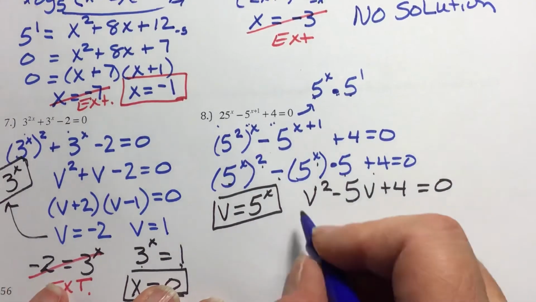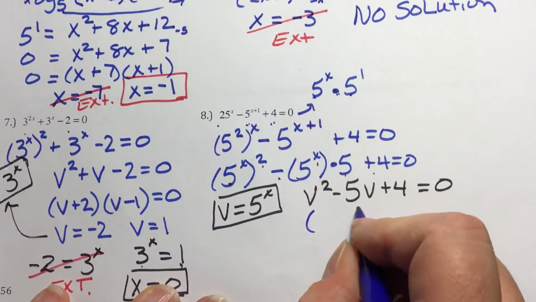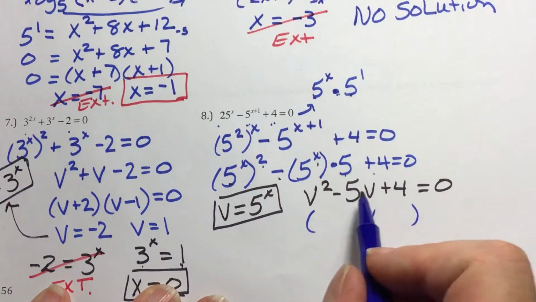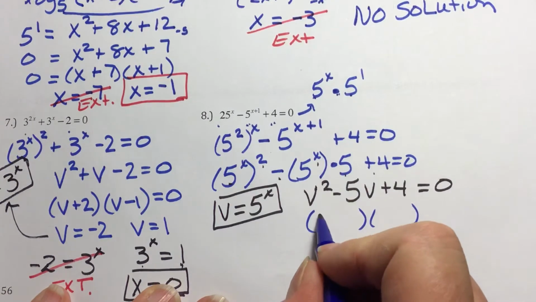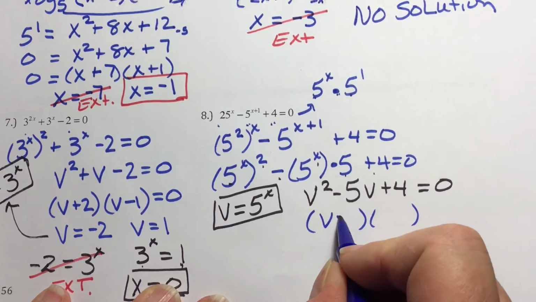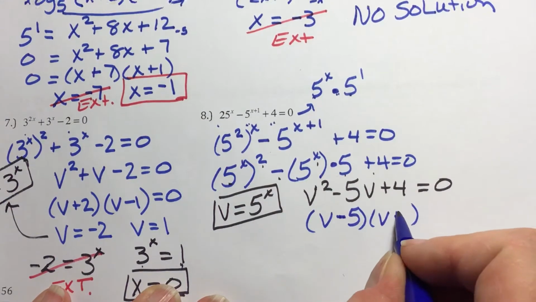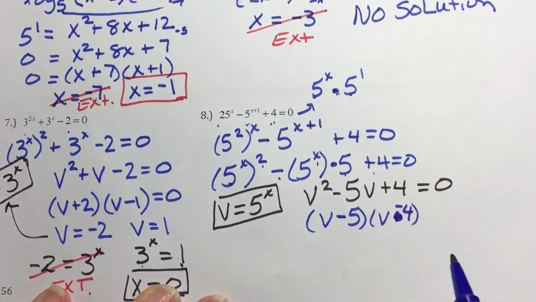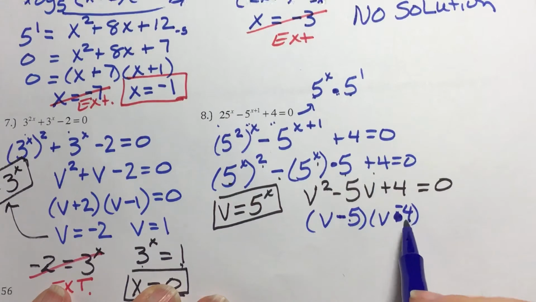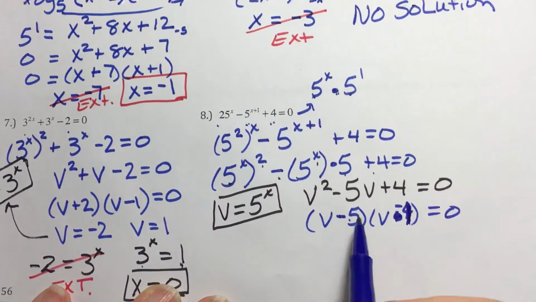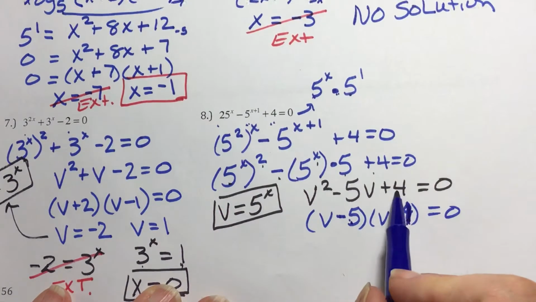So now I'm going to factor this. The numbers that multiply to be 4 and add to be negative 5 are v minus 5 and v minus 1. Whoops, that'd be a 1 here. Negative 5 times negative 1 is positive 4.